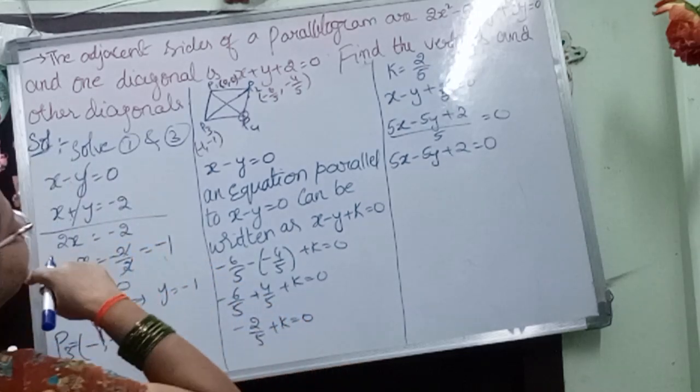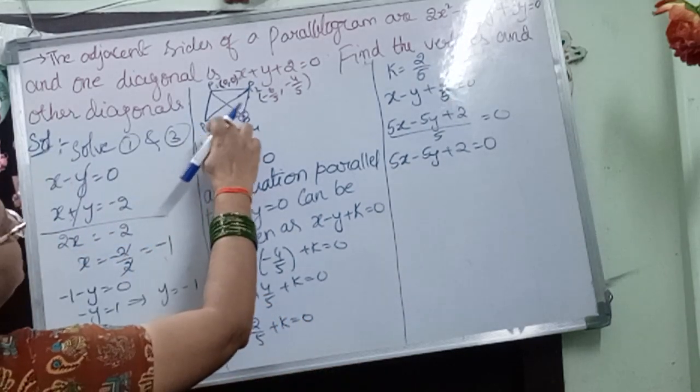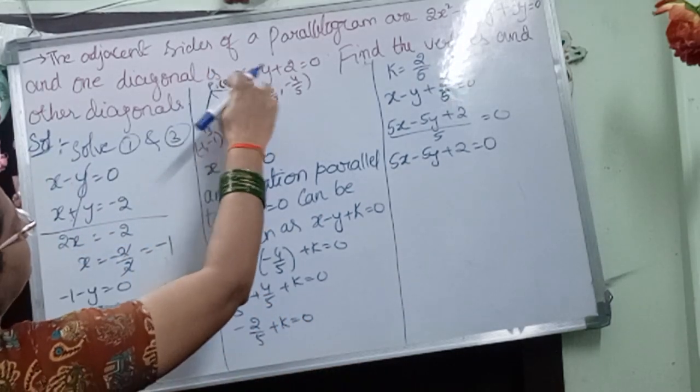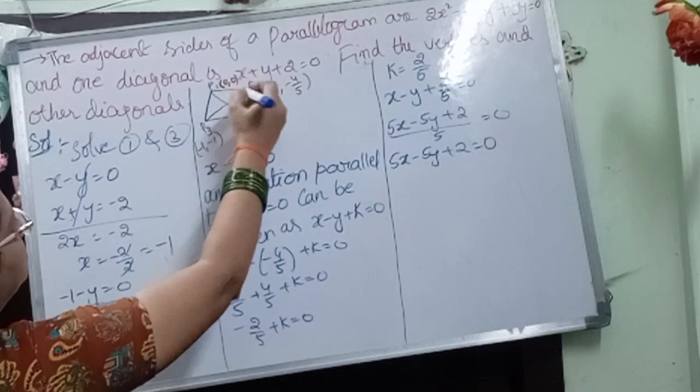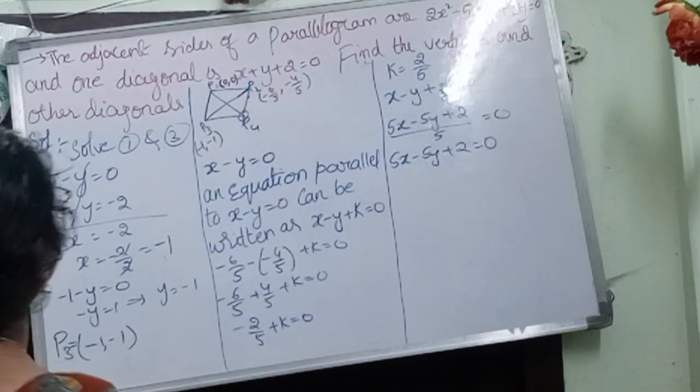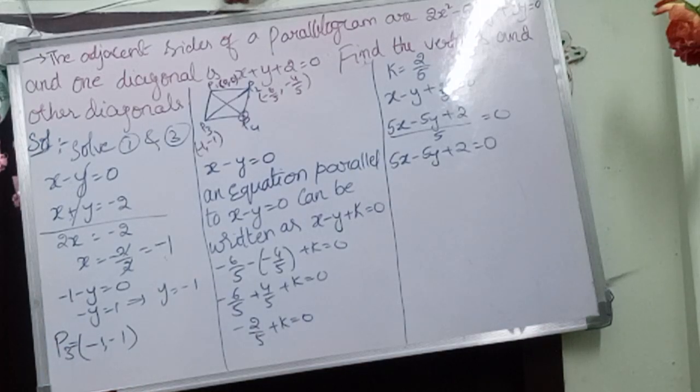How to find? Here this is parallel to equation 2. So what is equation 2 we got?